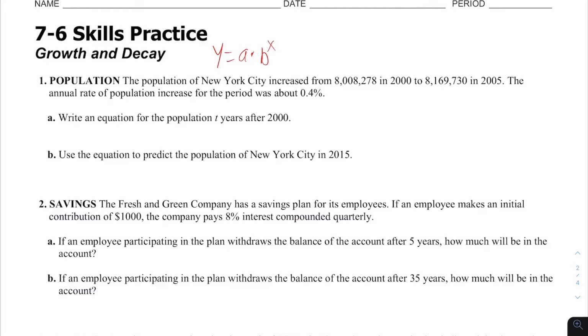For this next lesson, we're doing exponential growth and decay, which is built off of exponential form, which is why I have this formula here. And I'm also going to show you a different way that this formula can look.